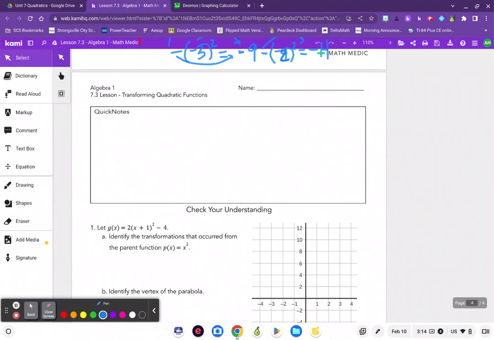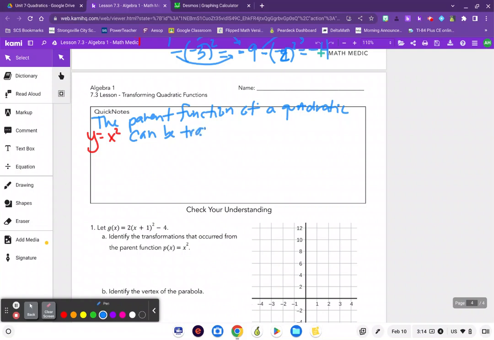The parent function of a quadratic, which, recall, is y equals x squared, can be transformed in many ways.